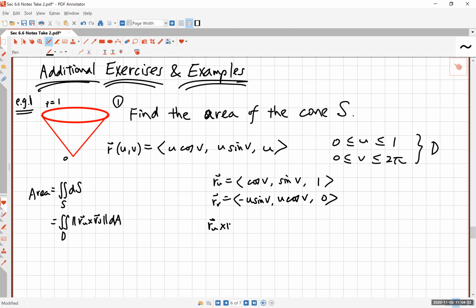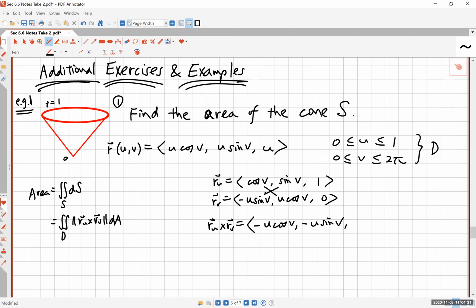And then r_u cross r_v has to be evaluated, and that's 0 minus u cosine v. Right, and the next one will be negative u sine v minus 0. The last one is tricky. What the last one is, this times this minus this times this.